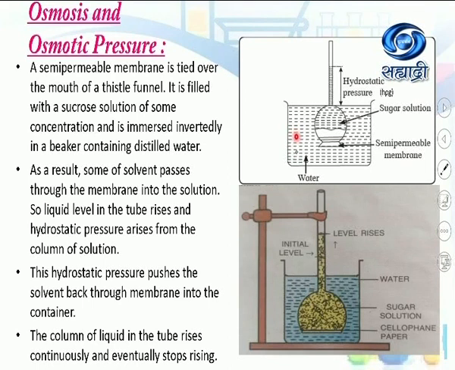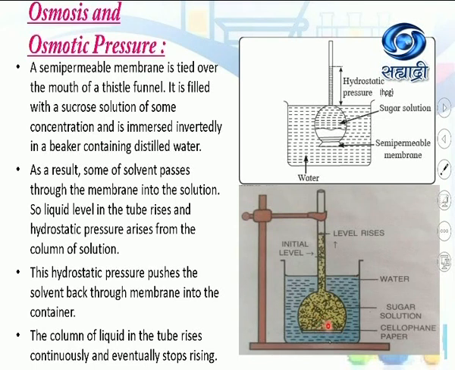Here this is water, beaker मध्ये हे water आहे आणि हे काय आहे, sugar solution आहे. Now see here, water म्हणजे solvent आहे, thistle funnel मध्ये solution आहे. So solution and the solvent separated by what? Separated by a semi-permeable membrane.